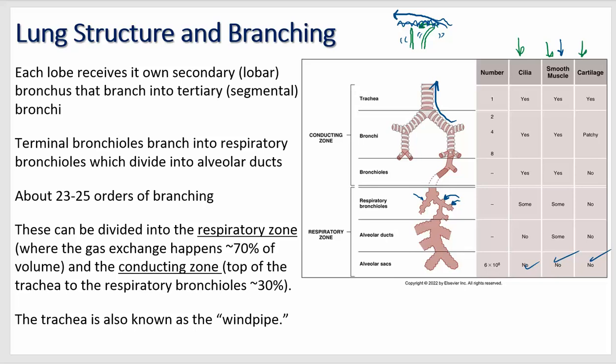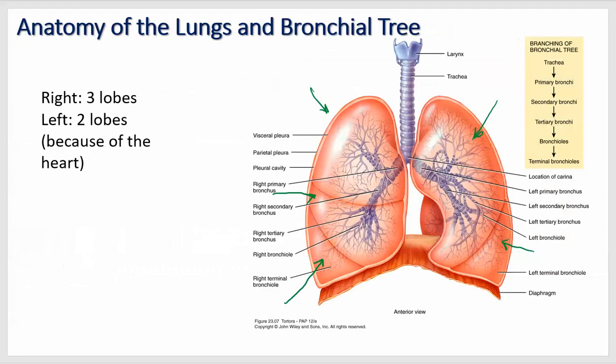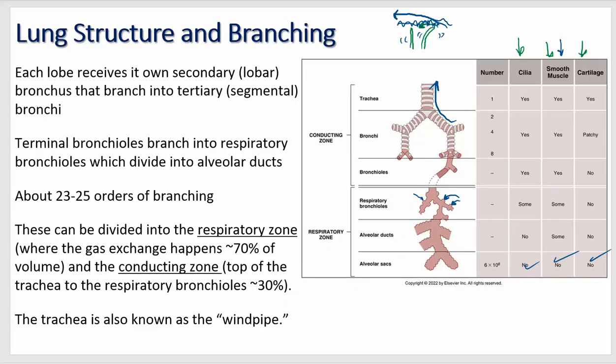That's notable, because if we go back to this picture, we see all these branches, and there's no gas exchange taking place in them until you get to those tiny respiratory bronchioles. But they are branching out, and most of the mass of the lung is actually these alveoli. So that's where the gas exchange is actually taking place.